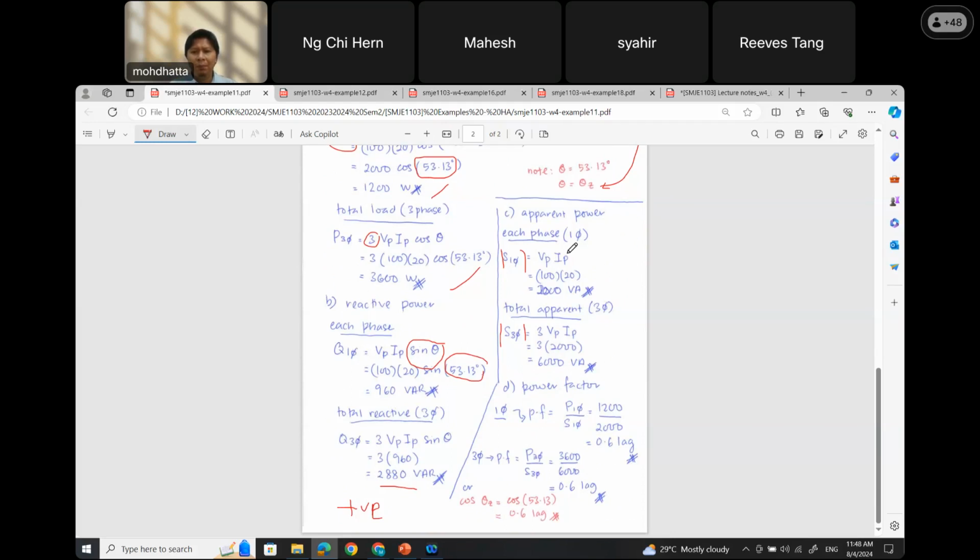And for the power factor, last in our example, we need to calculate the power factor. You will see that the value of power factor, whether you consider single phase or three phase, should be the same value. And there is a reason why I asked you about whether it's lag or leading, because power factor should come with two pieces of information.